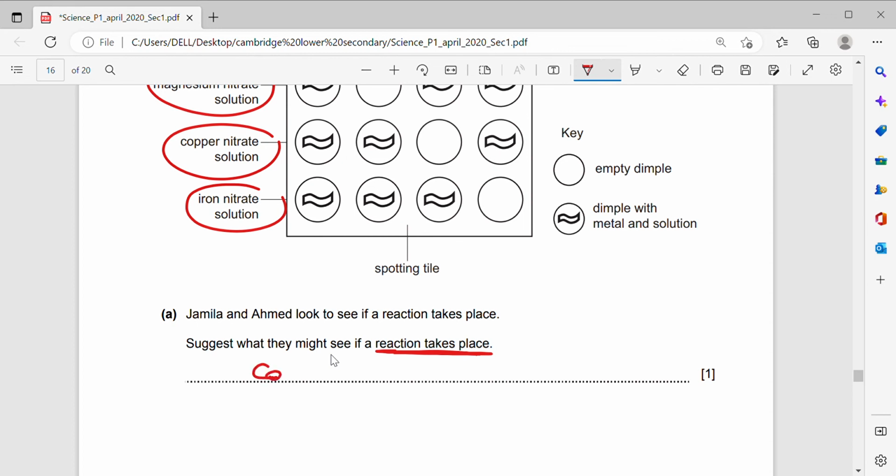Great, the color change. You can also observe the fizzing or the bubbles formed. Like if you add vinegar to baking soda, a gas will be formed. It makes fizzing. This is a proof that a reaction is happening.